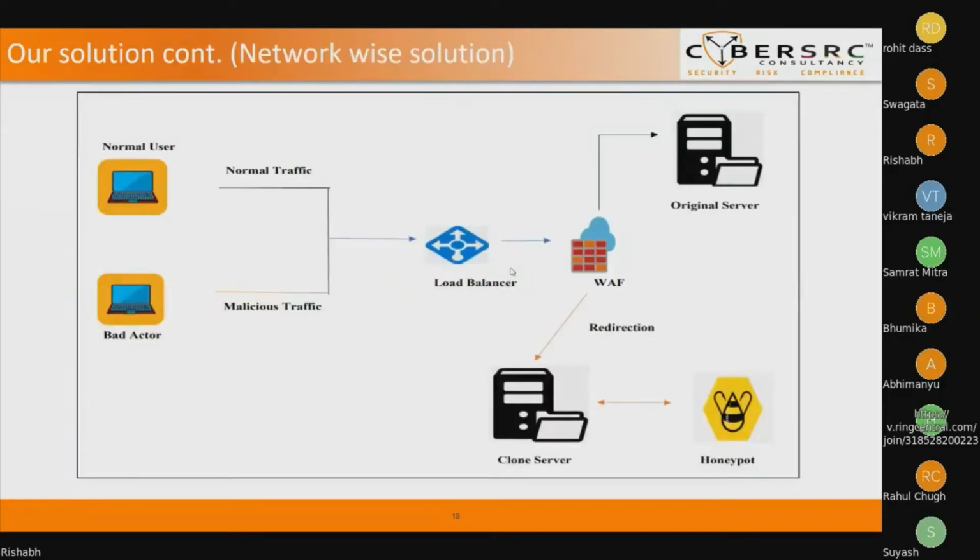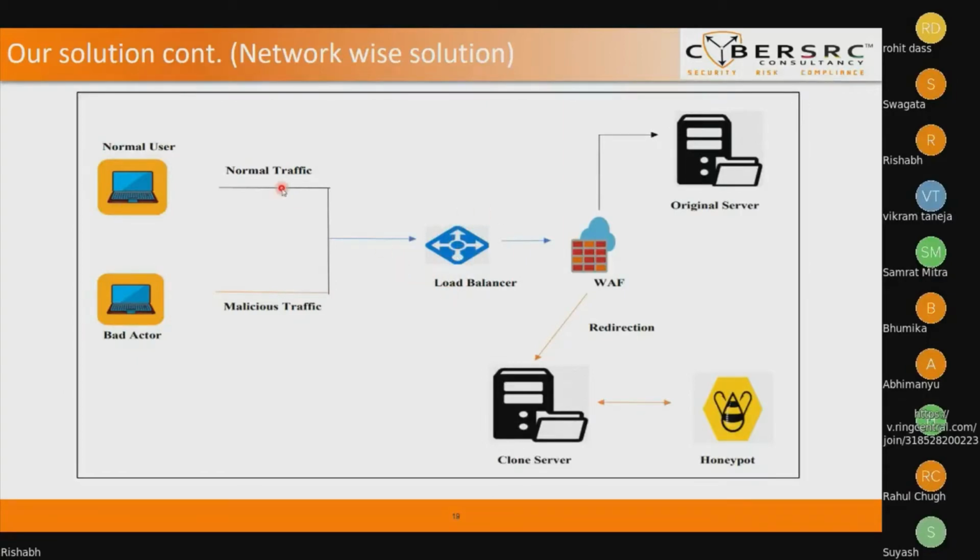So let me describe the solution in a proper way. These two are the clients, this is the normal user and this is a bad user, and you can see that both of them are connected with a front-facing interface, which is a load balancer.